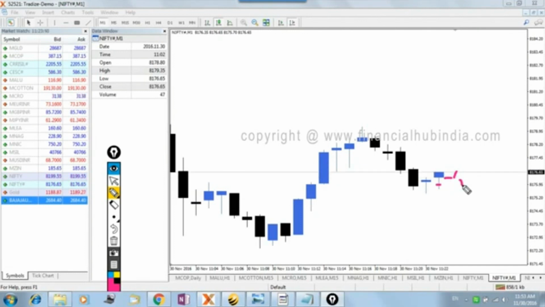And by the way, you can change these colors also. If you don't like blue, you want to see green, you can make the changes. I'll show those things also. So see, we marked the lowest point here first, but now the new low is this one, and 1 minute is over, so it has stopped forming the candle.